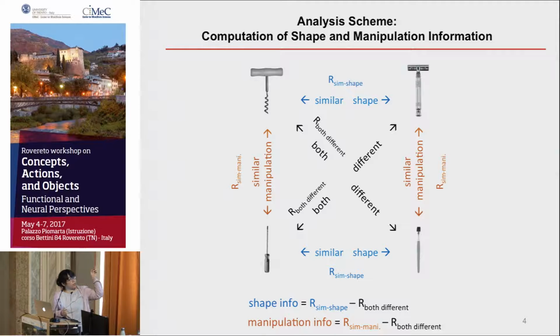We first extracted the activation pattern to each of the 4 tools in the regions we are interested in, then computed the neural similarities between all pairs of tools. The shape information was computed as the difference between the mean correlations of the two pairs with similar shapes and the mean correlations of the two pairs which differ in both dimensions, and similarly for the manipulation information.